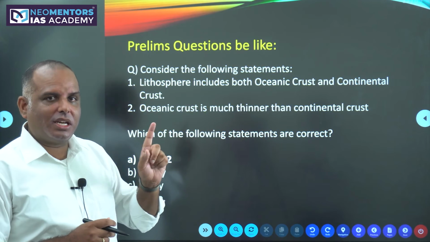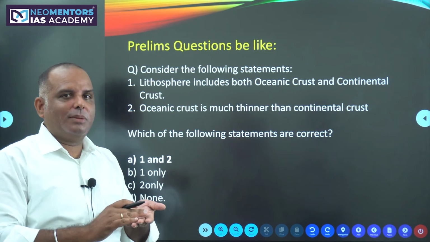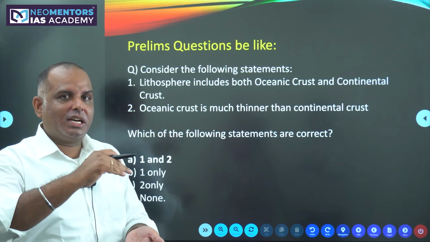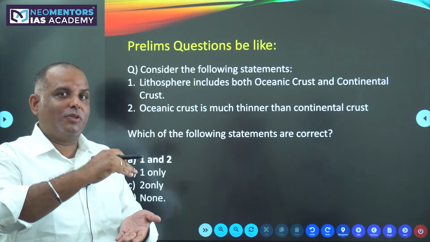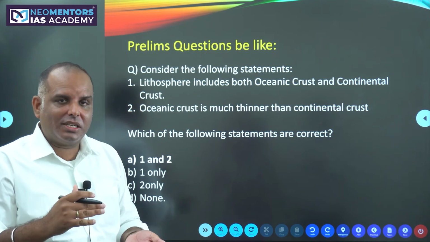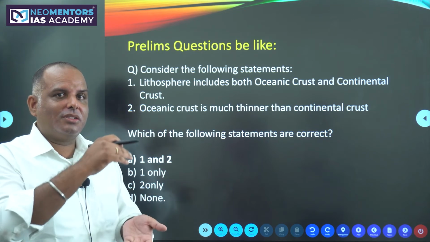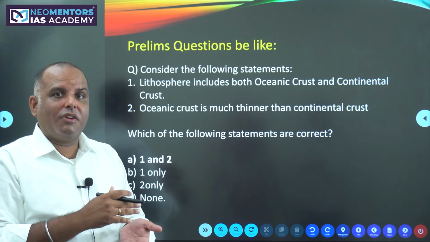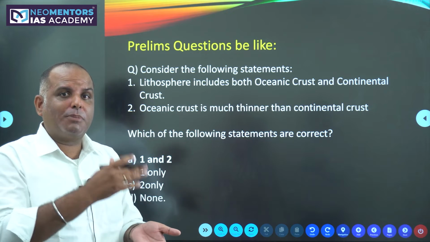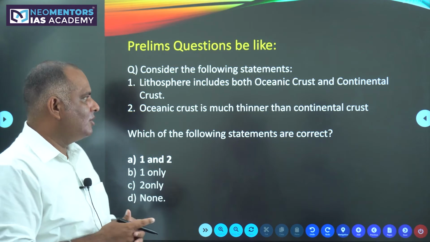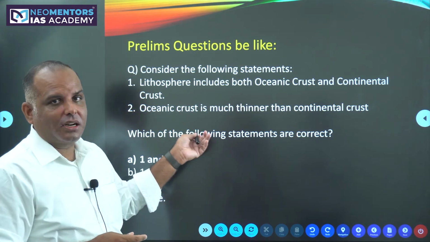Also, when we discussed the depth of lithosphere, we said the oceanic crust is 5 to 8 kilometers in depth, whereas the continental crust is about 35 kilometers or more. Where we have mountain chains, it could be up to 55 to 60 kilometers. So both statements are correct.